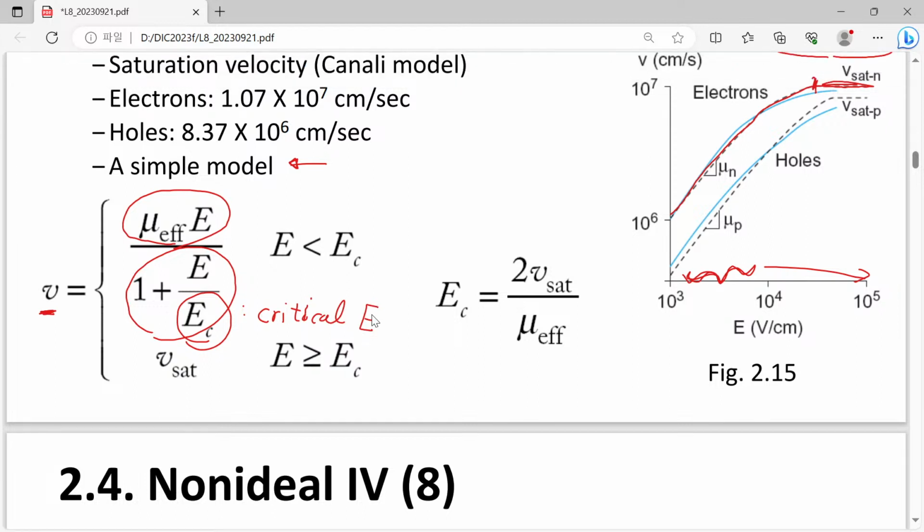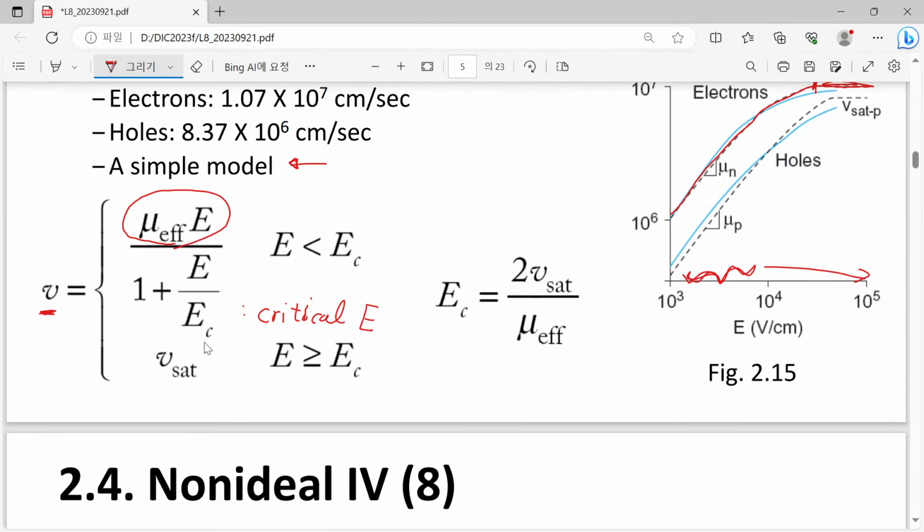Please note that if we go to extremely high electric field, then what happens? Saturation velocity becomes mu effective times what? That is shown here.